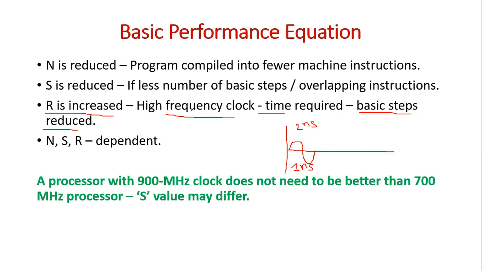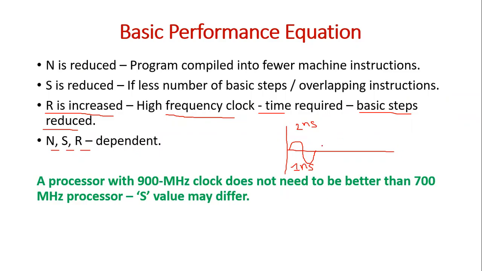So increasing the clock frequency means the time required for one basic step should be reduced. N, S, R are all dependent. N is the number of machine instructions, S is the average basic steps, and R is the clock frequency. When you change one, the other values will also change.